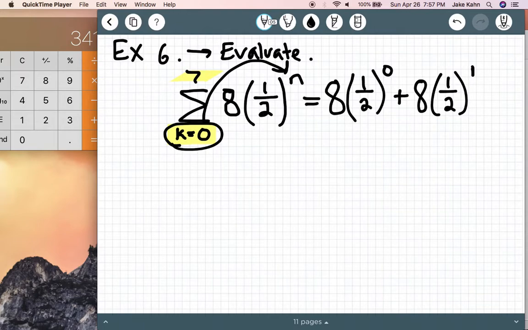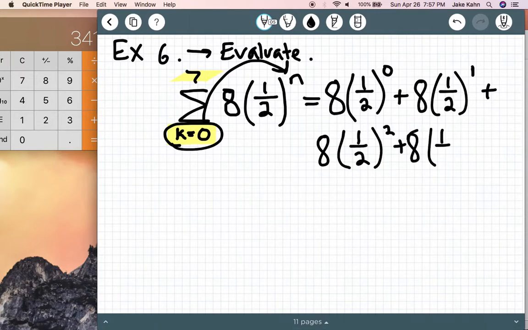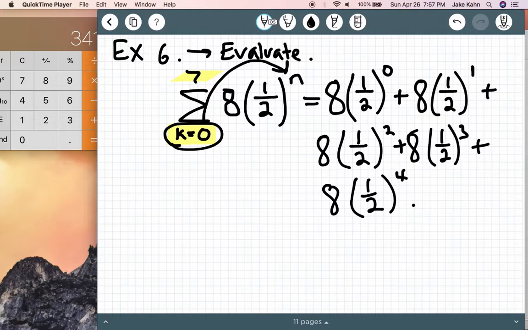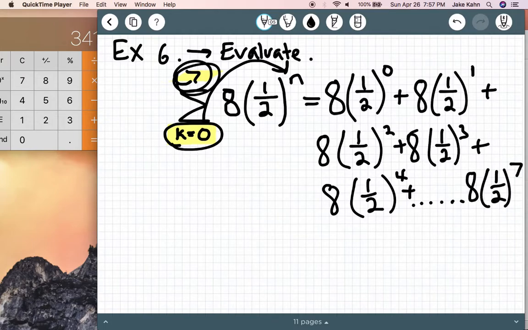And then you go up to 2, and you have plus 8 times 1/2 to the 2nd power, plus 8 times 1/2 to the 3rd power, plus 8 times 1/2 to the 4th power, and you keep going. You keep adding these 8 times 1/2 to the n power until you reach your end number, which is 7. So you do plus 8 times 1/2 to the 7th power, and then you would stop.